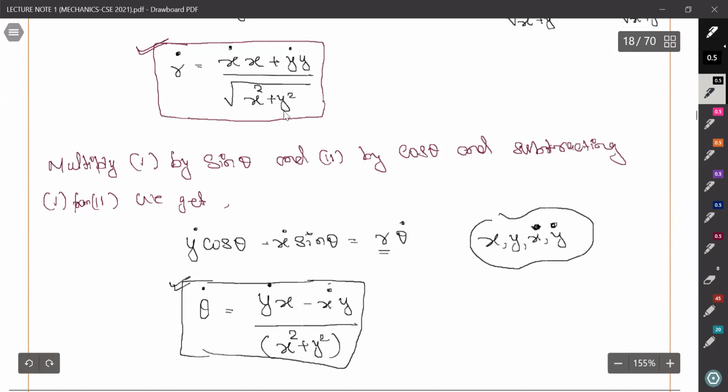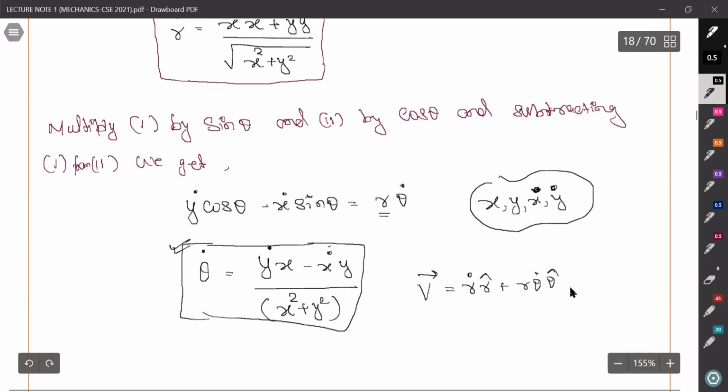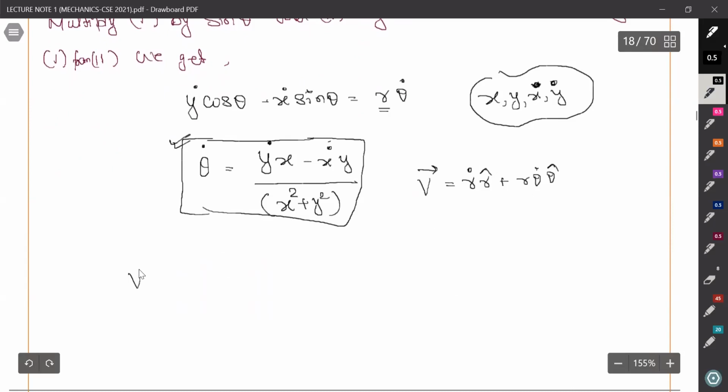We can easily get it from there because we know that v is what? V is r dot r cap plus r theta dot theta cap. So you can easily substitute its value there, and what will become?